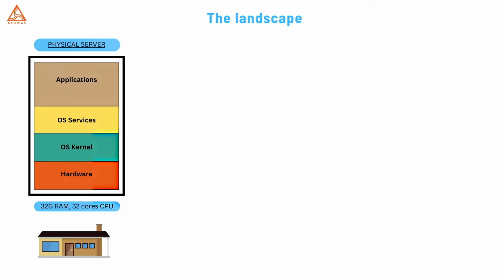For example, you can see over here a physical server having 32 gigs of RAM and maybe a 32 core CPU, pretty costly hardware. But now what you can do is have maybe one person or a couple of persons working on it, right? So think of it as a bungalow, for example.